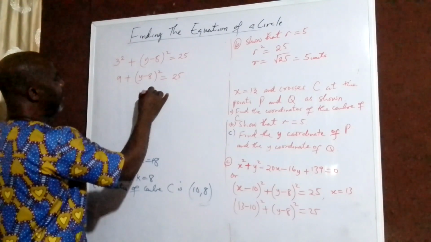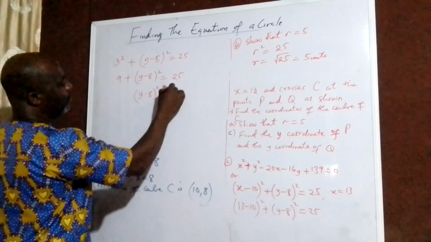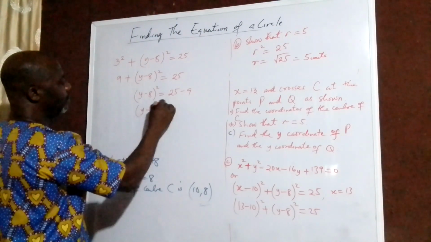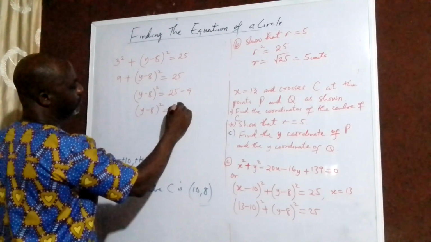So (y minus 8) squared equal to 25 minus 9. So (y minus 8) squared equal to 16.